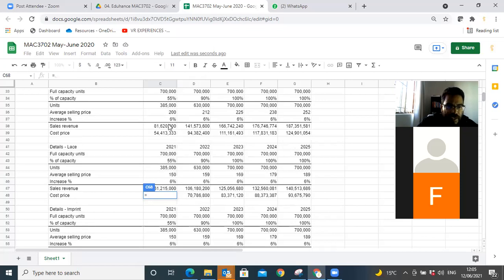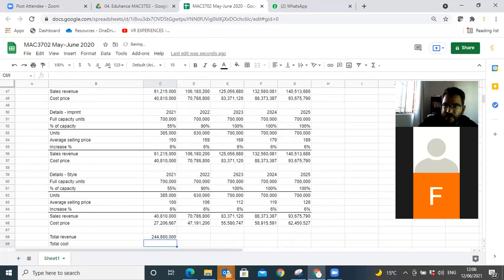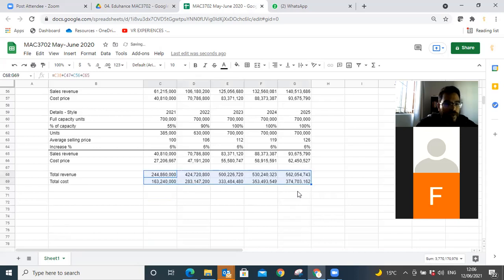So it is revenue of Cherry plus revenue of Lace plus revenue of Imprint plus the revenue of Style. So there's the total revenue. If I drag this formula down, it will give me the total cost, and then all I can do is drag it across, and it gives me for all. So there we go.